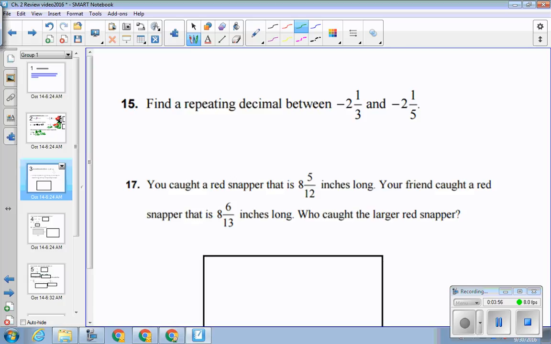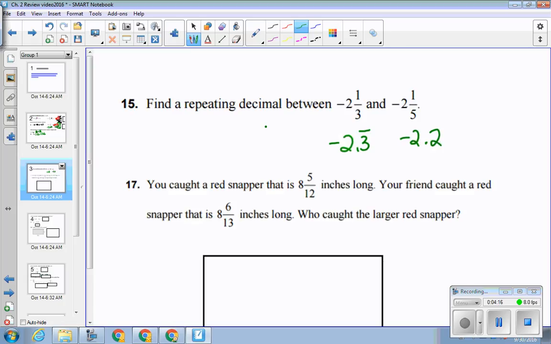Okay. Number 15, to find a repeating decimal in between, let's write each fraction as a decimal. So we have -2.3 repeating. That should be one we just know by heart. And our second one should be pretty easy to turn into -2.2.